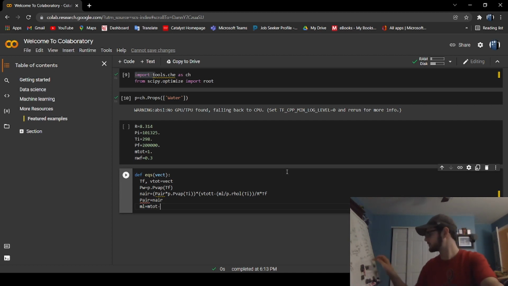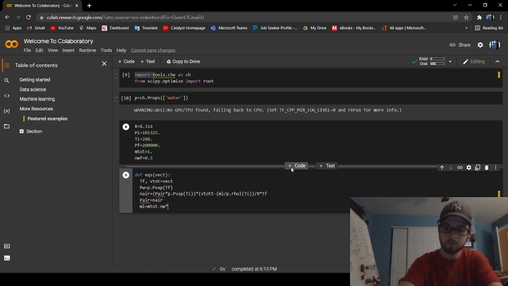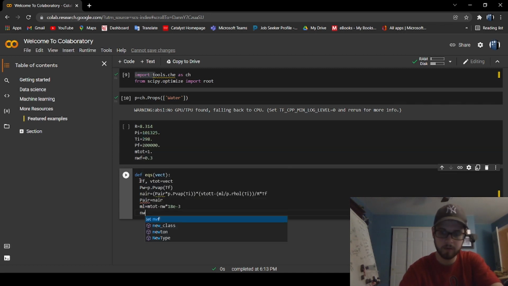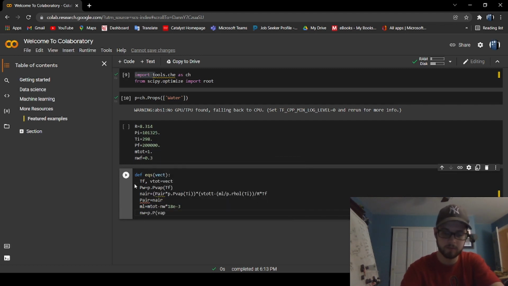It's minus. And then we're going to want to put in the number of moles of water is equal to the vapor pressure at the final temperature.